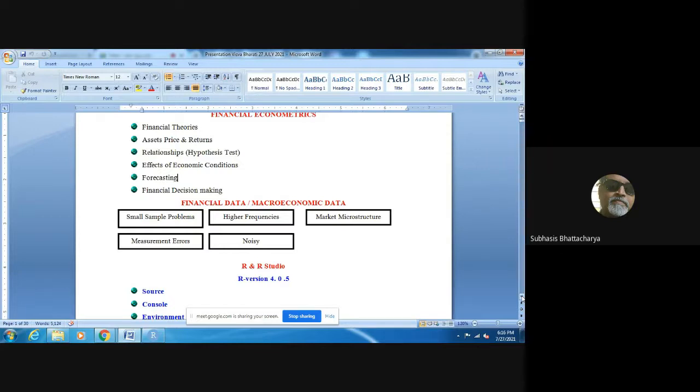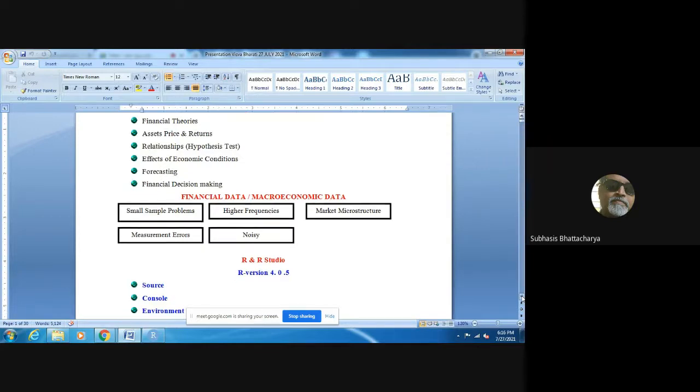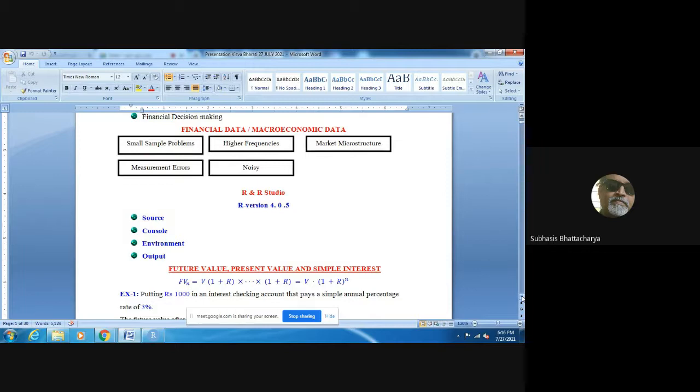So regarding R, you are aware that we applied here R version 4.0.5. Those who are familiar with R, it is no problem to them. You can also download it from the CRAN project, and the software is completely free.